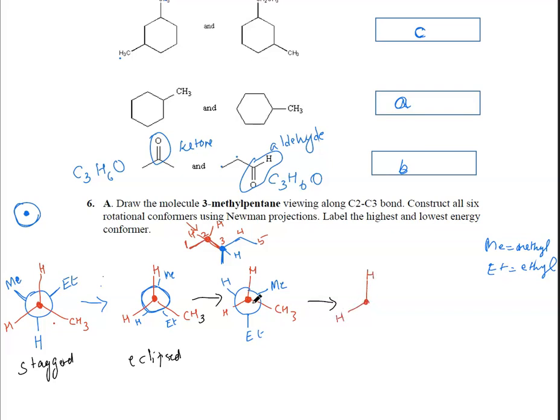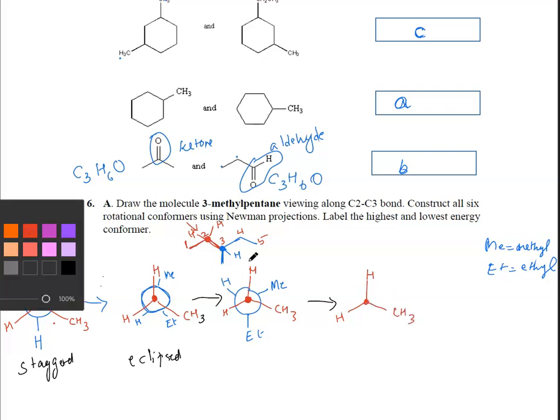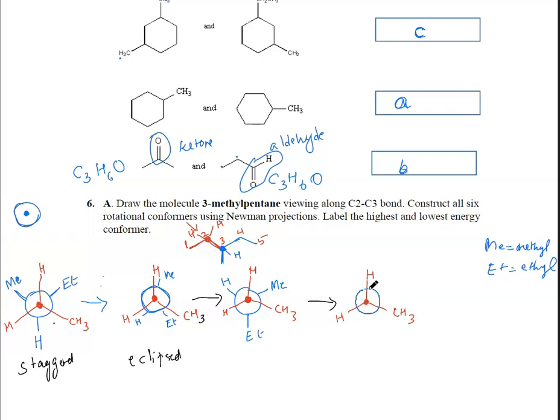I have the hydrogen, and then the CH3, back carbon atom. Now since I moved 60 degrees, my methyl is behind this methyl. This is also methyl. And now my ethyl is behind the hydrogen, and this hydrogen is behind this one.